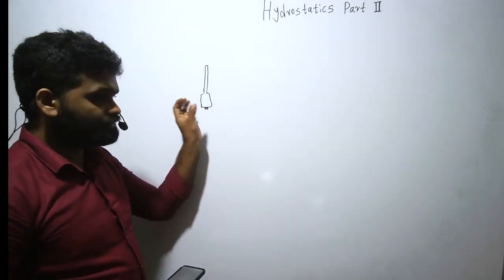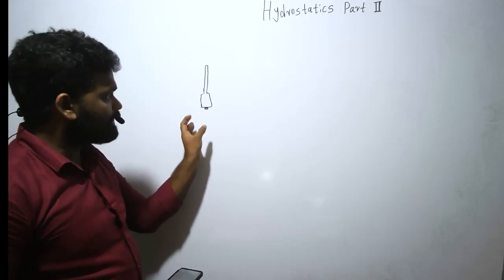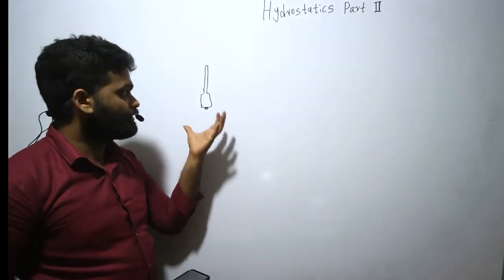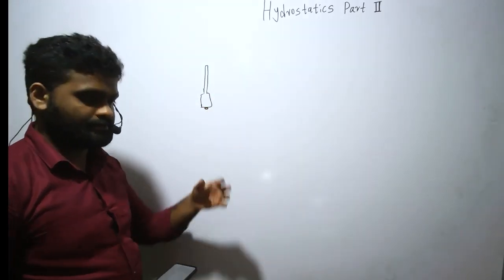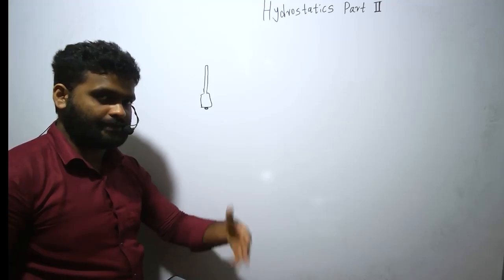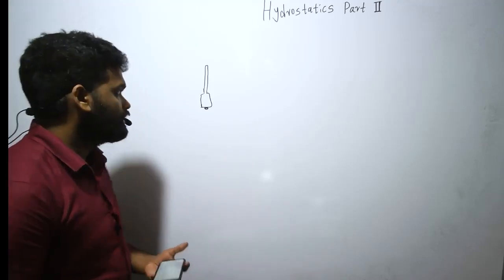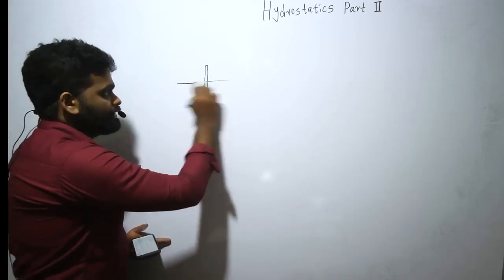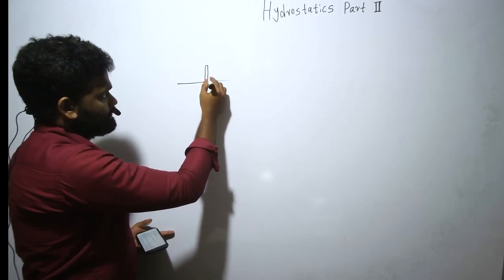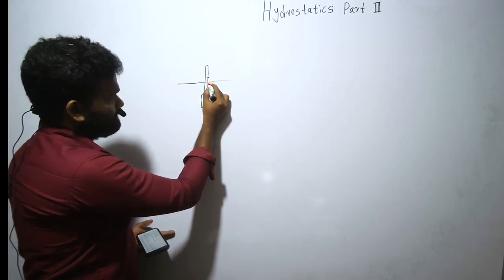If you need to use the hydrometer, the weight of the hydrometer should be equal to the upthrust. Otherwise the hydrometer would sink, and then you cannot get readings. So the hydrometer should always be floating on water, so you can get the reading from here.